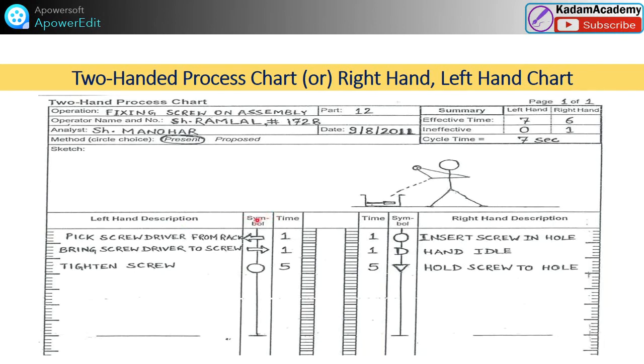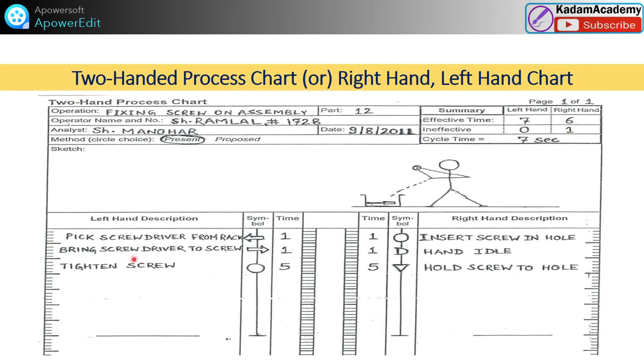Left hand description, and this description is represented by the symbol, and for this the work time or process time is how much time is required by the operator. This is the left hand description. And similarly the right hand description: insert the screw in the hole, this is the operation, and how much time is required, 1 second. So it is in seconds.